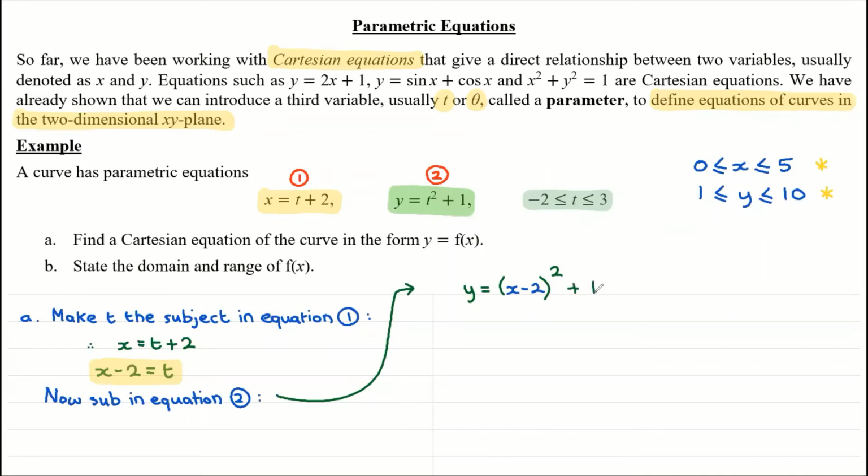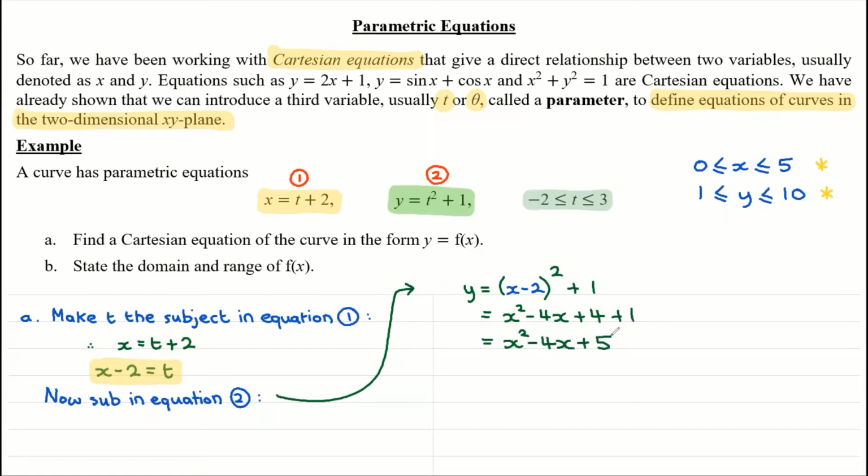Now notice when I do that, I get the completed squared form immediately, which was what we saw in question 1. I can now expand that if necessary. So this is going to be x squared subtract 4x plus 4 plus the extra 1, which is obviously going to be x squared subtract 4x plus 5.